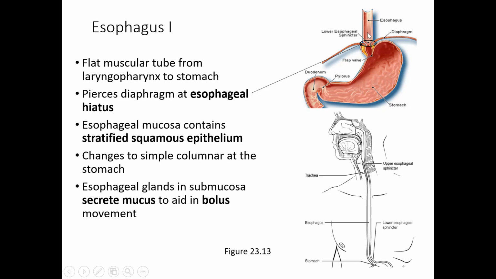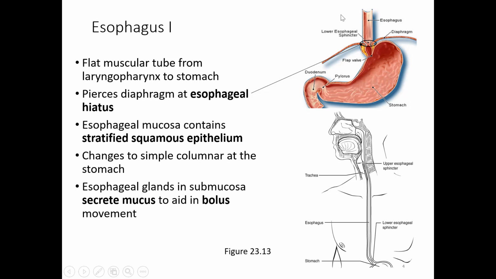Next, in the walls of the esophagus, there are a lot of mucous glands, and the walls themselves are covered with stratified squamous epithelium. Those glands in the submucosa produce a lot of mucus to aid in bolus movement. What is bolus?